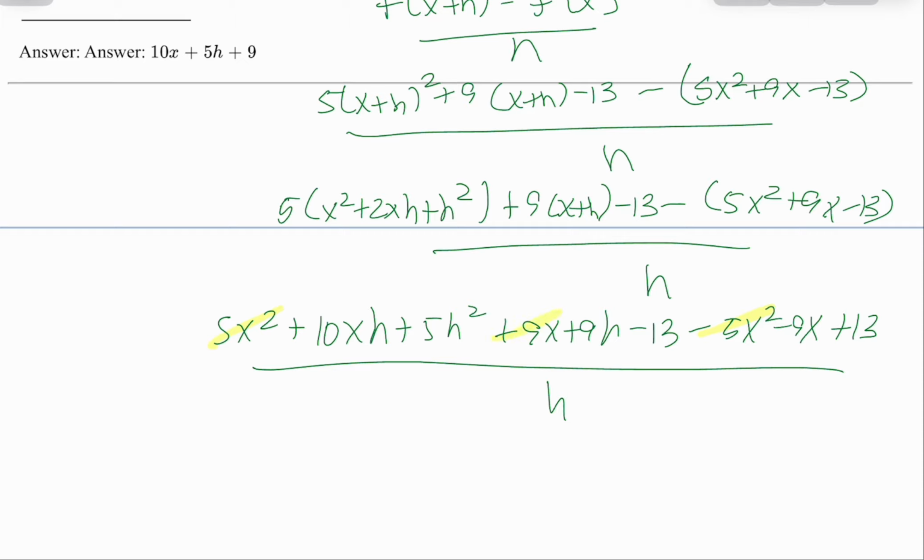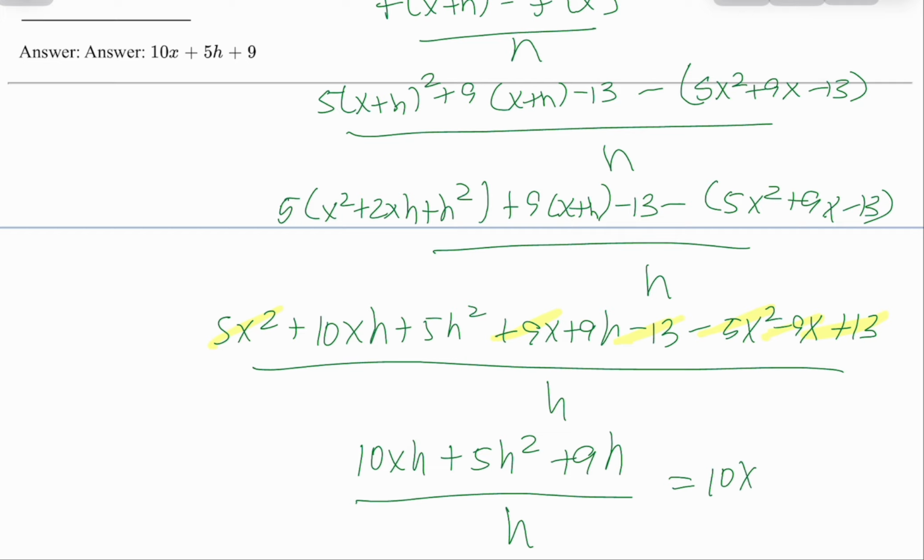Positive 9x, negative 9x. Yay. Positive 13 and negative 13. It just so happens that everything that's left has h's. That's a good indication we are right. So 10xh plus 5h squared plus 9h. I'm going to divide an h out of all of them. So we're going to get 10x plus 5h plus 9, which is the answer that you want to enter in the box.